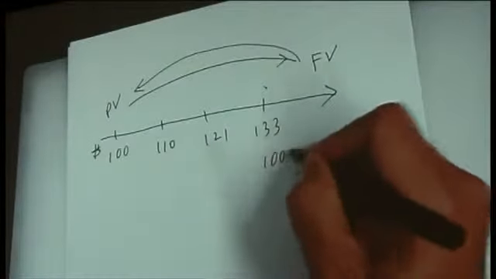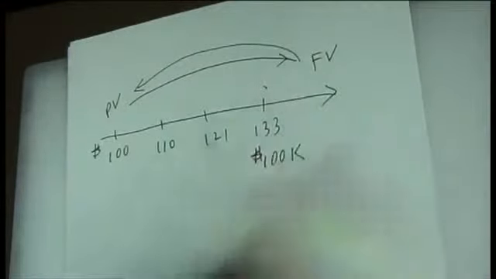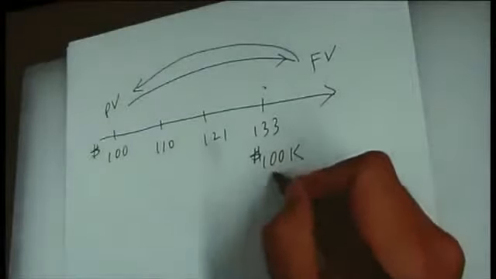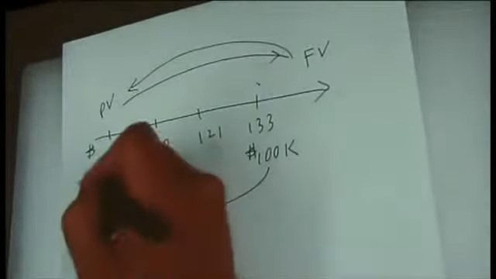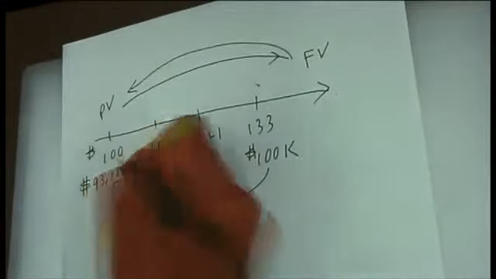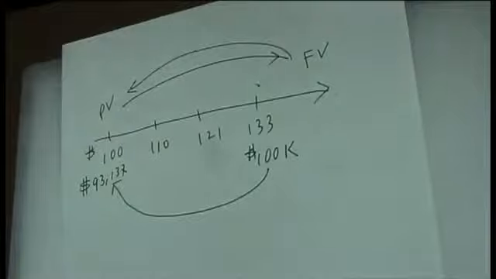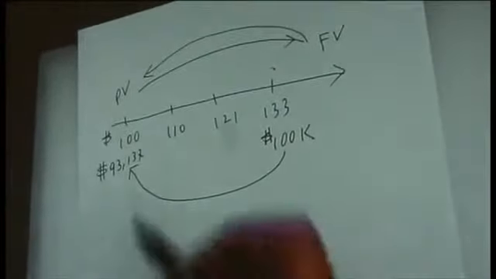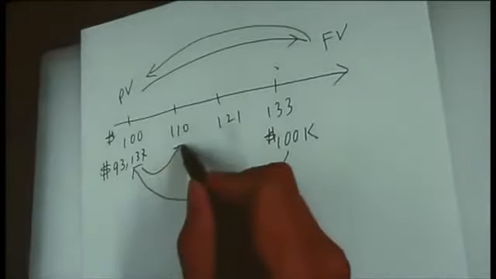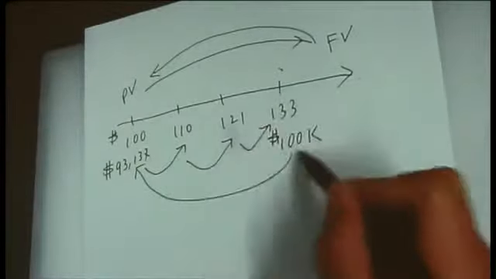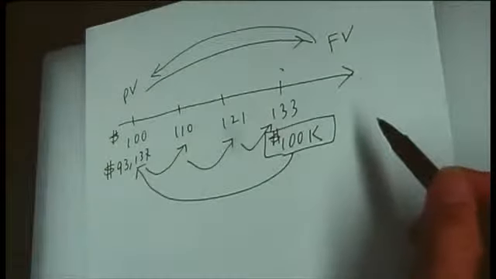Remember that we did this with $100,000 in my example. Everybody all right? Then I should be able to go from here to here, arriving at $100,000.